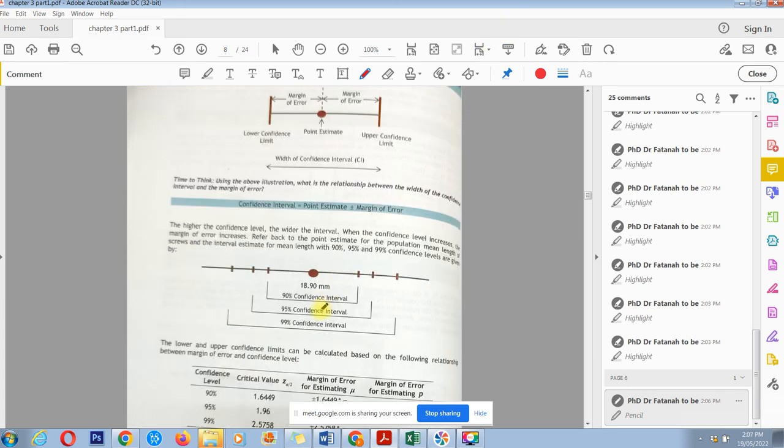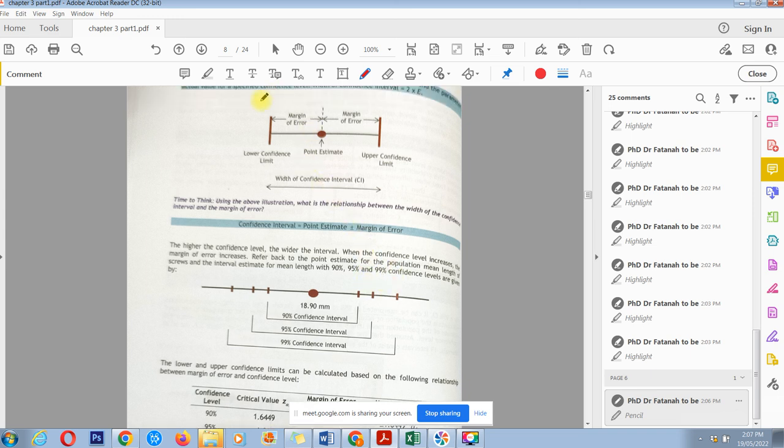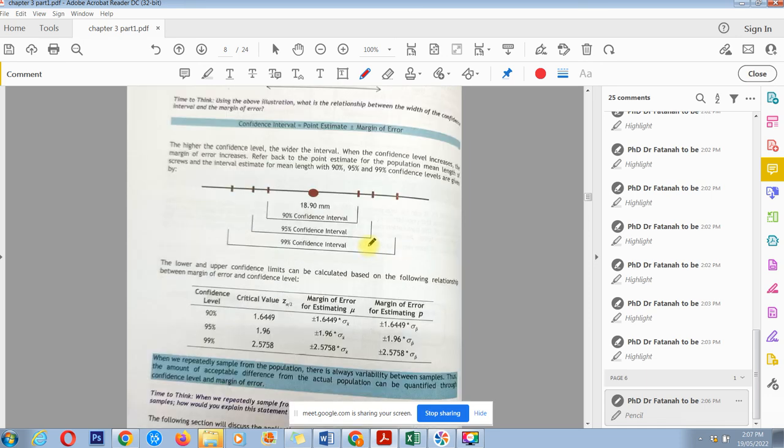That's why we will discuss the 90% confidence interval, 95% confidence interval, and 99% confidence interval. The difference is the width of the interval that covers the margin of error here.